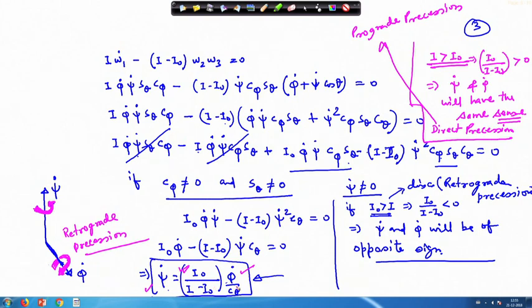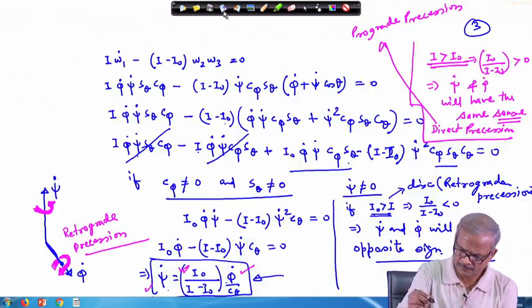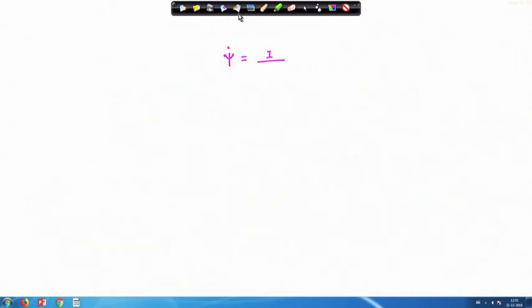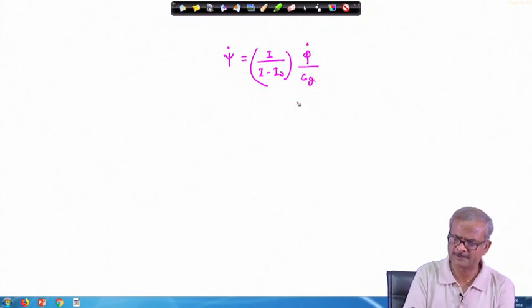I will copy it on the next page. This is psi dot equal to I 0 divided by I minus I 0, and phi dot divided by cos theta.